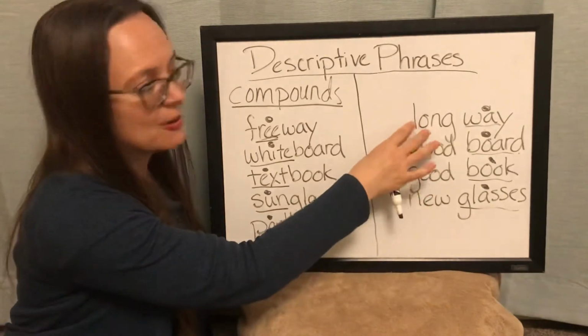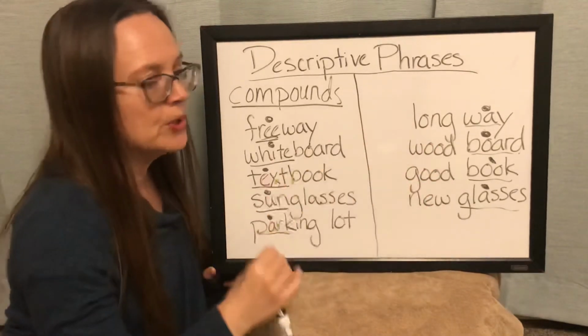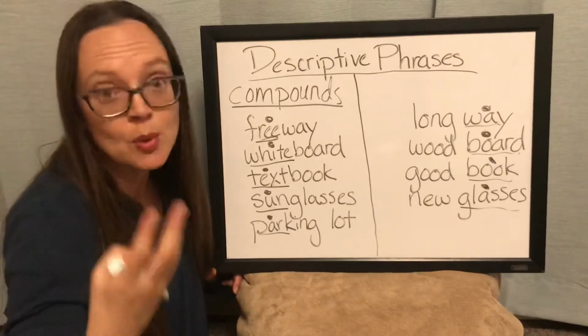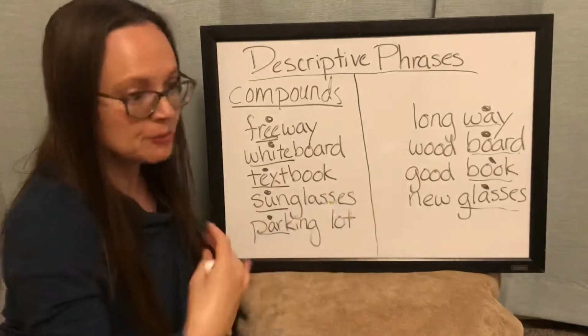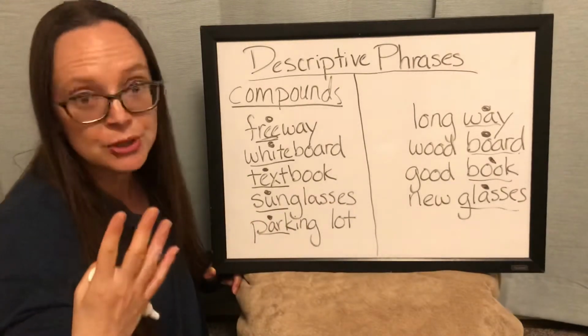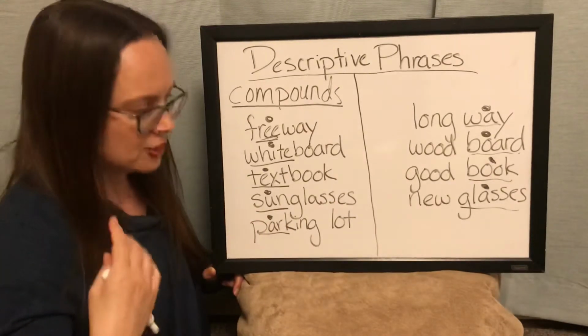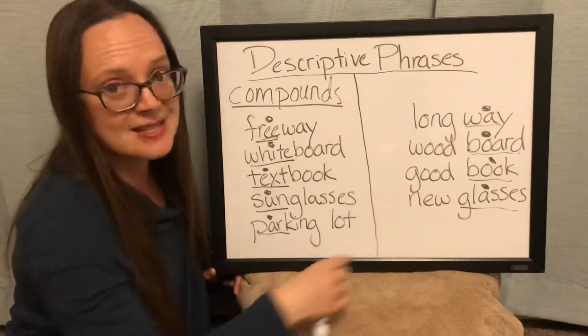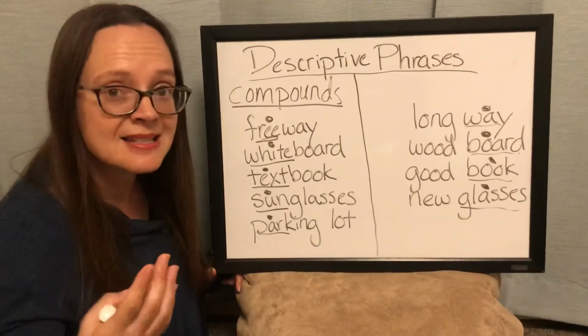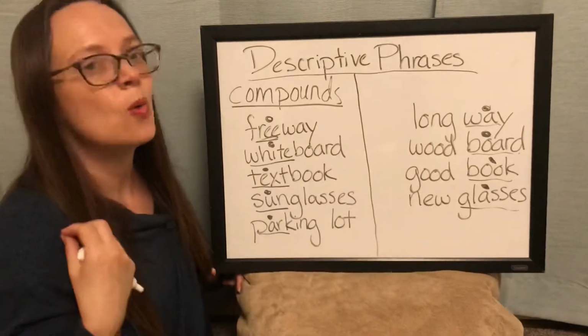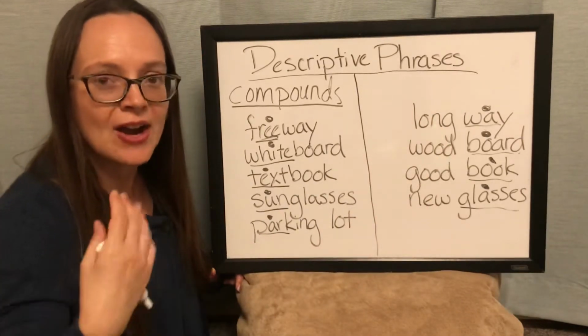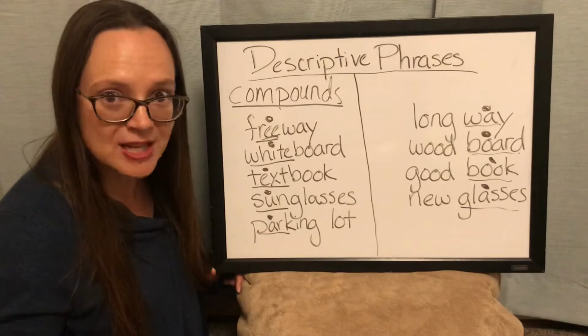You could switch this out for anything. Instead of wood board, it could be a plastic board or a metal board, anything like that too. Good book could be a bad book or a long book or an interesting book. New glasses could be old glasses. So these words here are not required. They are added to give extra information.